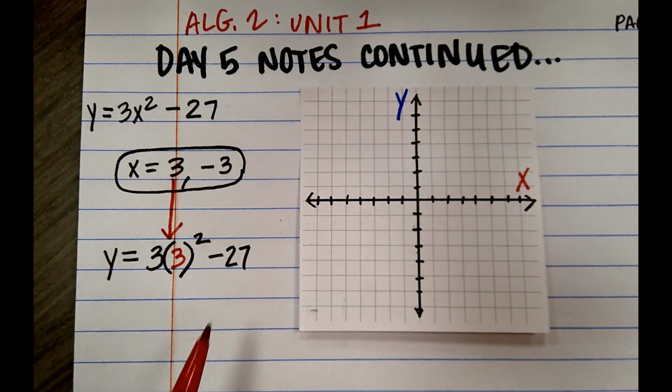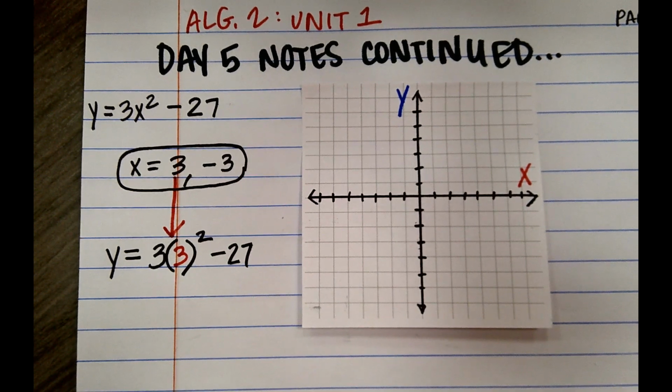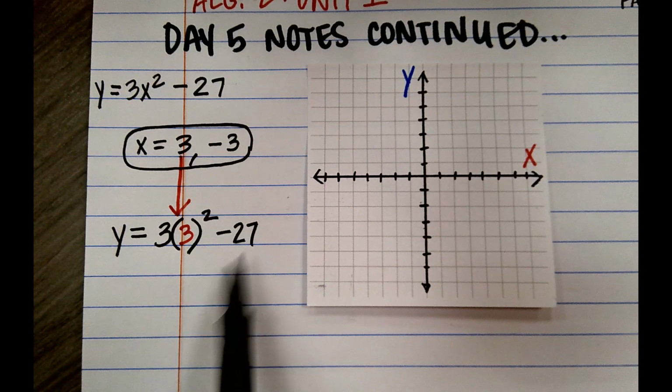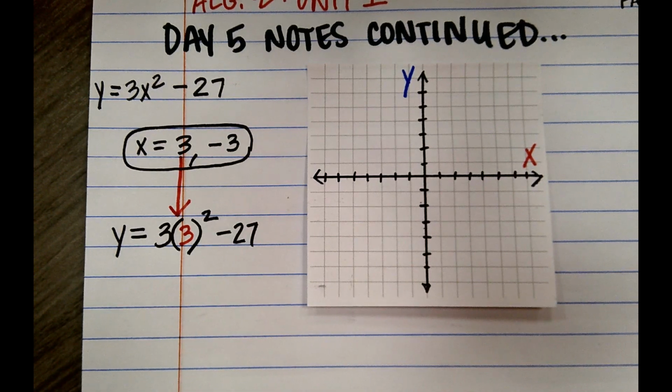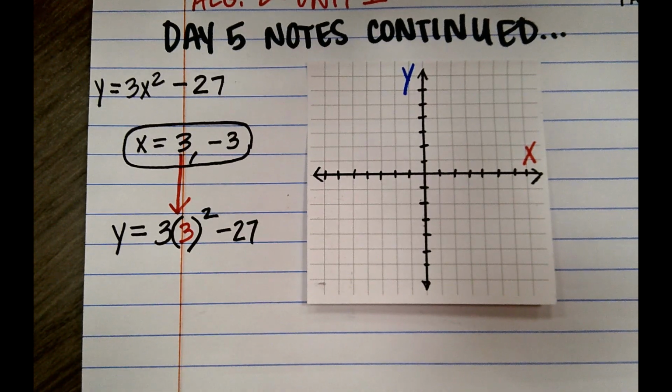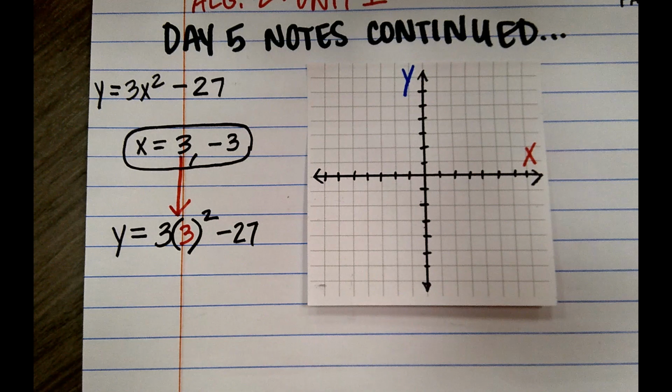So, that's all I did. I plugged in my x that I found. So, I need to use my order of operations, and we're going to solve this. Think about PEMDAS. Parentheses, exponents, multiply, divide, add and subtract. What should I do first?